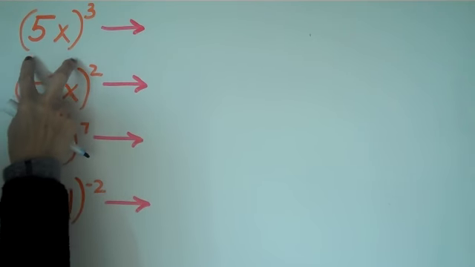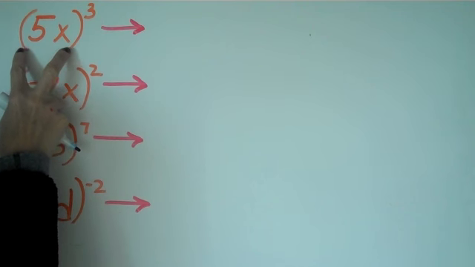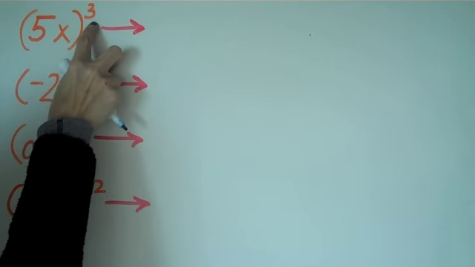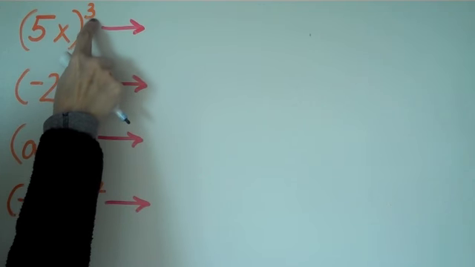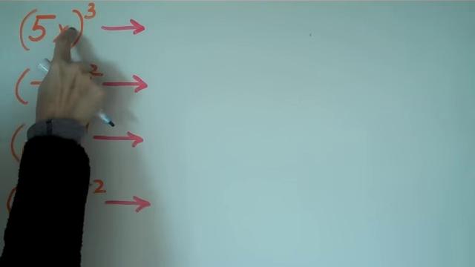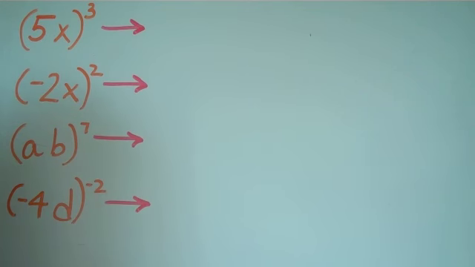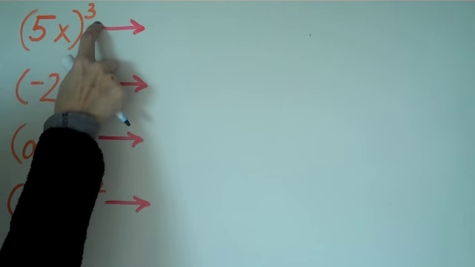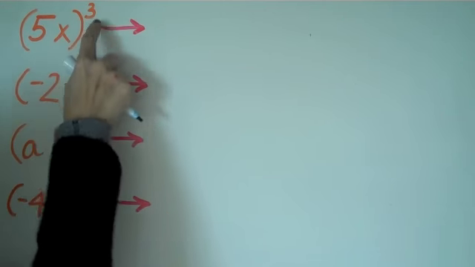But again, remember that with the parentheses, when there's an exponent on the outside, the exponent gets distributed to everything inside the parentheses. So what you're doing here is raising the 5 to the 3rd power and the x to the 3rd power.